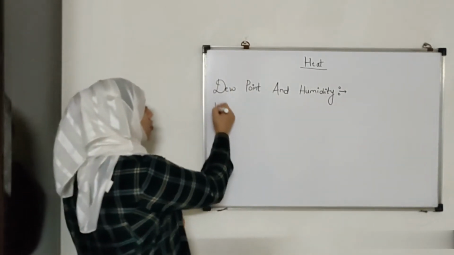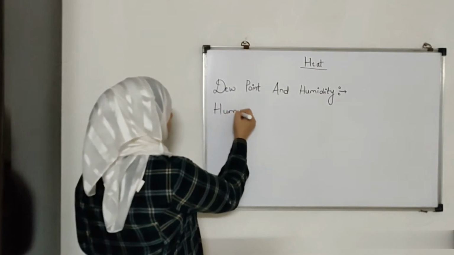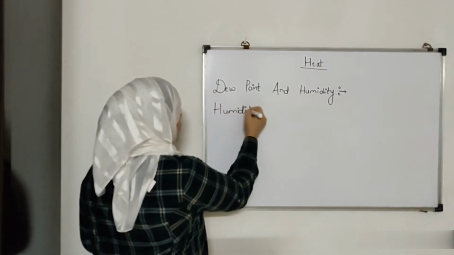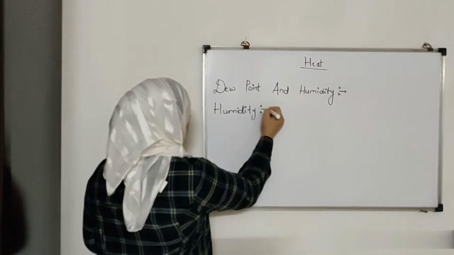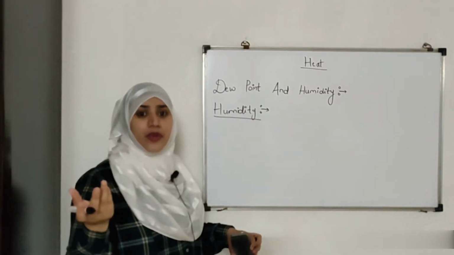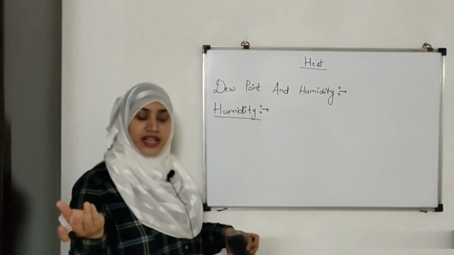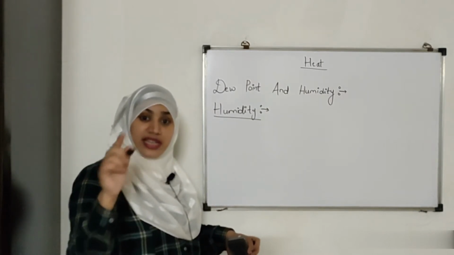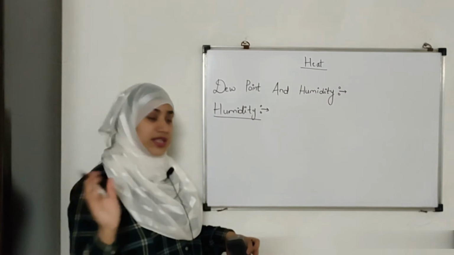Okay. See, the humidity is what? 71% of the earth is covered with water. Okay. And the water is constantly evaporating to water vapors. Fine. So the water vapors in the air makes the air moist.